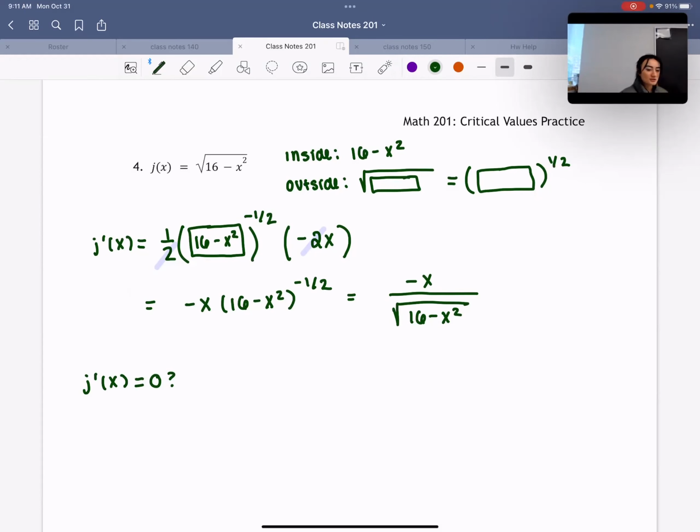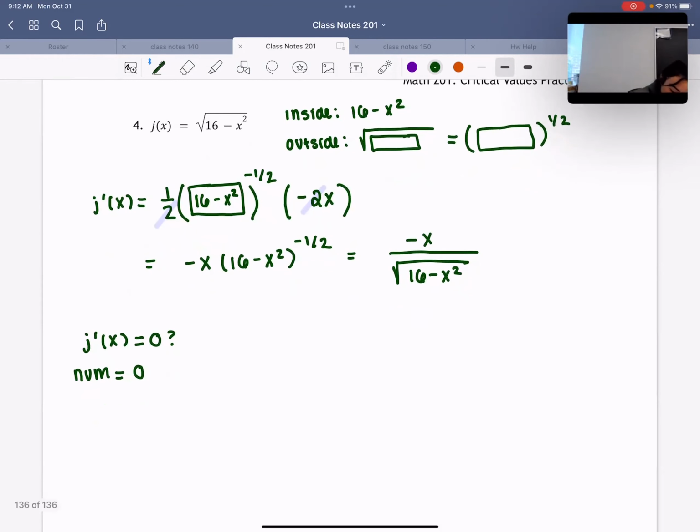Just setting the numerator equal to 0, which saves a couple steps. The numerator is negative x equals 0. Dividing by negative 1 gives x equals 0. So x equals 0 is a candidate for a critical number.